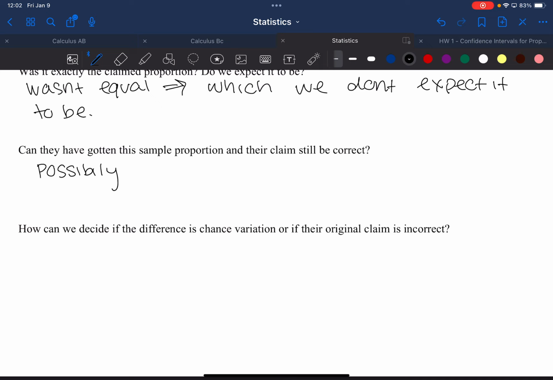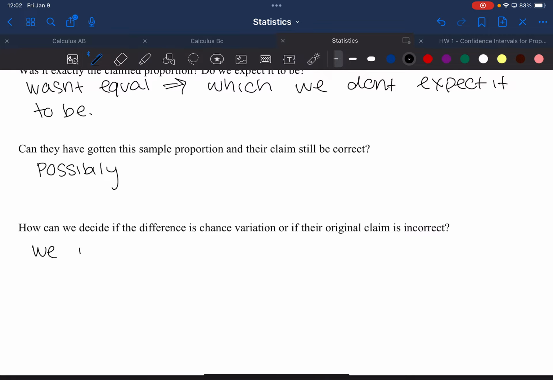Chance variation is that coincidence part. We're trying to differentiate between whether it's just coincidence or whether it's actually data that's helping our claim. So the idea behind this is that we would need several trials to make a conclusion.